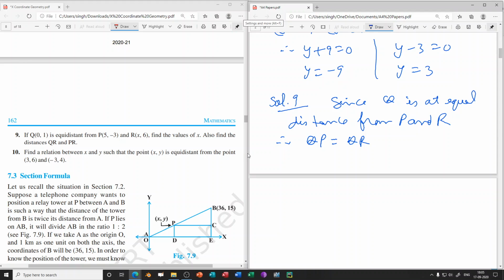Now here Q is given, P is given, R is given, just simply you have to apply the distance formula, or here we can do squares also. This will give us QP square equal to QR square.